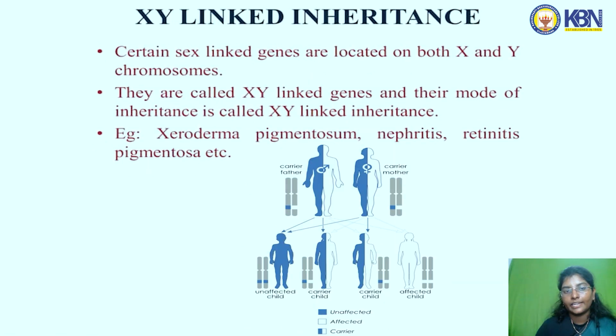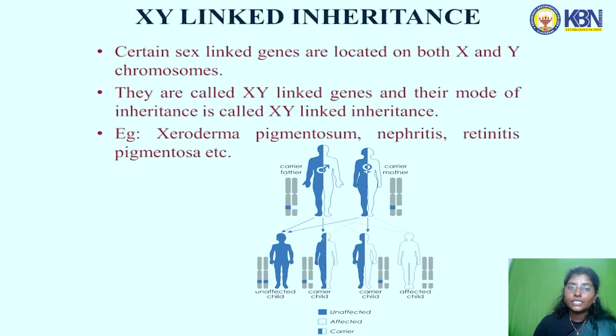Now, XY-linked inheritance. Certain sex-linked genes are located on both X and Y. Firstly we observed genes present only on the X chromosome, transferred from parents to offspring. In Y-linked inheritance, as the Y chromosome is present only in males, the trait passes directly from father to son.